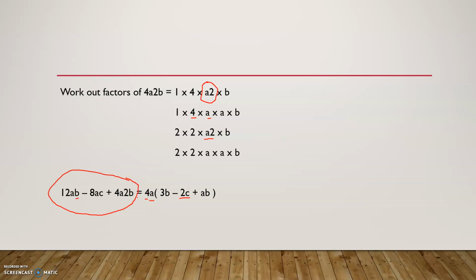So 4 goes into 4 one time, and then we go a squared, and then we divide by a. If we divide a squared by a, that would be just a, and then we have this b. So this is our answer. Now, to check whether it's correct or not, if we expand this bracket, we should get this original expression.